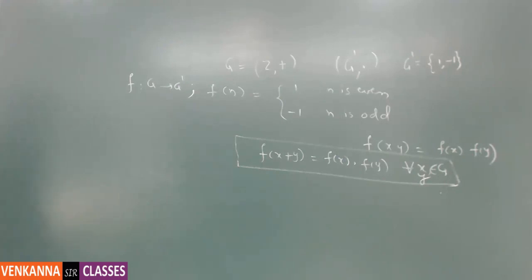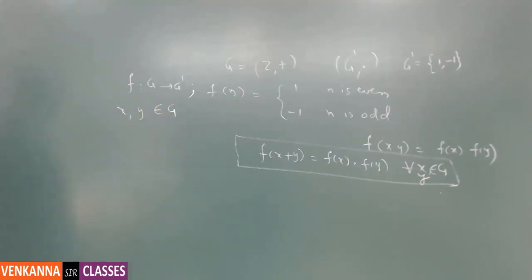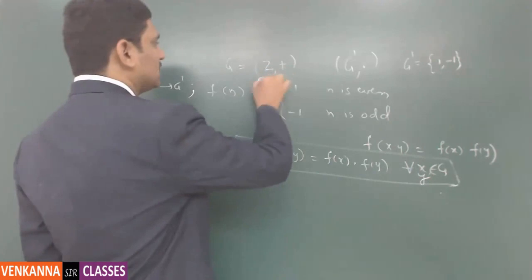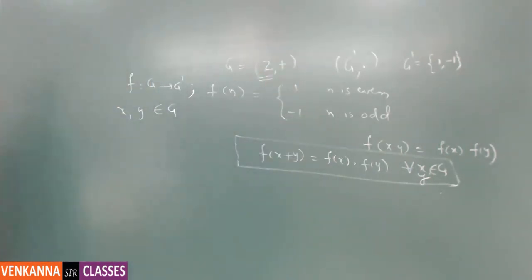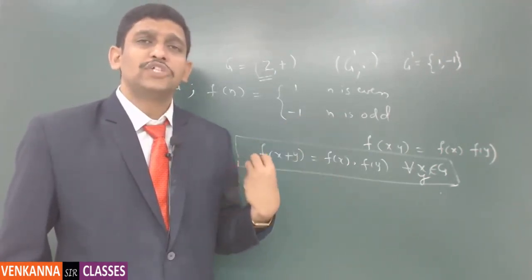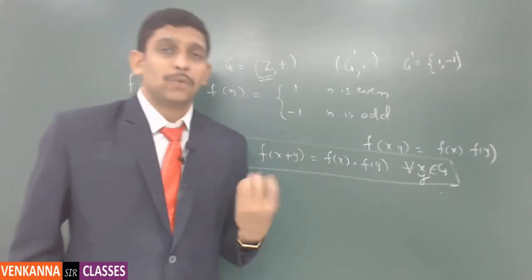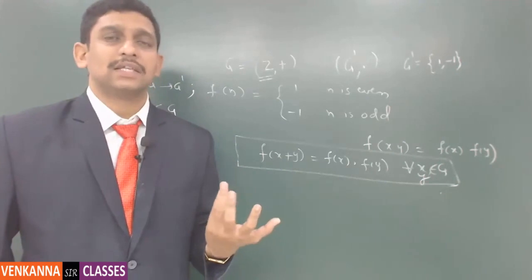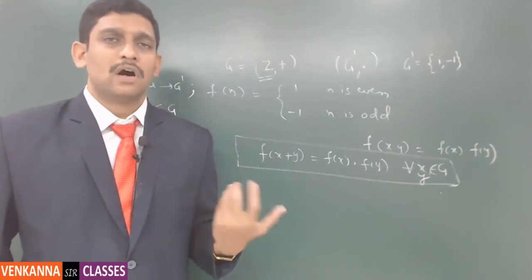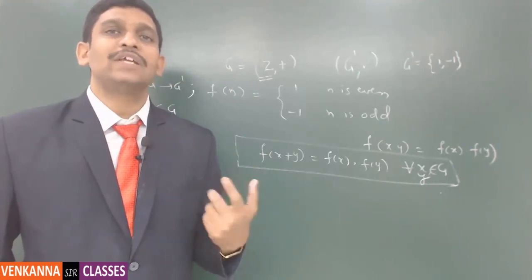Now let us go with the procedure. I have taken the elements x and y in the group G. Please understand, I have taken the set as the set of all integers. While taking the integers, we have different ways to choose the values of x and y. You can take both x and y as even numbers or odd numbers, or one value is even and one value is odd.